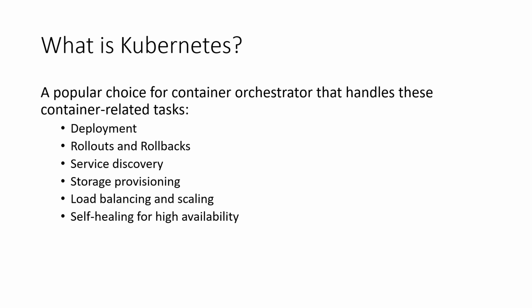That basically is orchestration or orchestrator in this case, that handles these container-related tasks, like, for example, deployment, rollouts, service discovery, storage provisioning, load balancing and scaling, self-healing for high availability. Likewise, it will do all those things. So let's see each of these components in little detail so that I open up the further topics down the line.